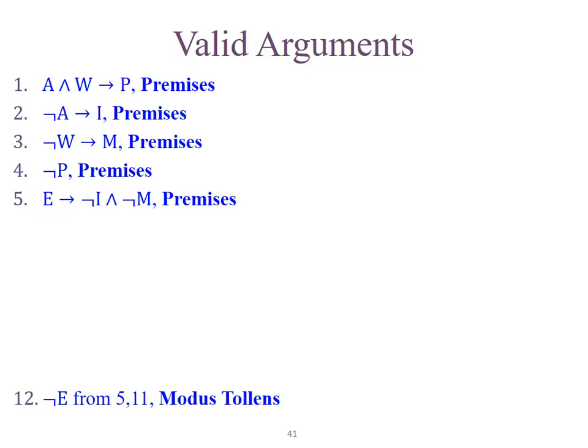Because originally we have not E, and we know if we have not I and not A, then we can get not E. And this one is equivalent to I or M. Now we have I or M. So this means if I or M, then not E. So we have if I or M, then not E, and we also have I or M is true.